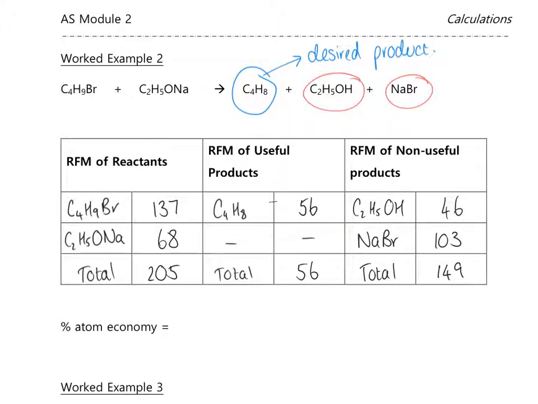Your percentage atom economy then, we can think of as the RFM of our desired products over the total RFM of our reactants or our products, the total RFM of all the products, times by 100%.